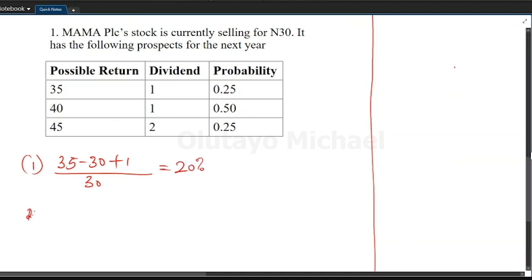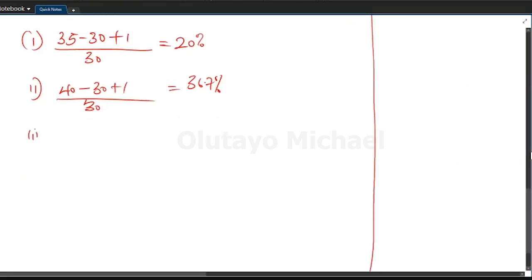So for scenario two, we have 40 minus 30 plus 1 naira dividend over 30. So that gives 36.7%.